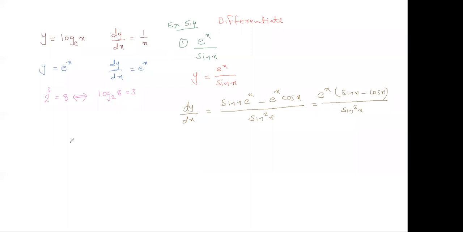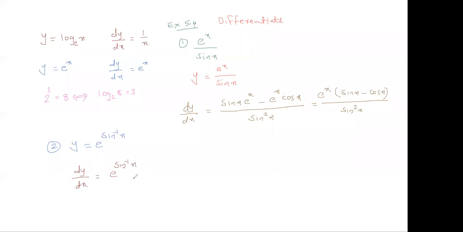Then another question. y is equal to e to the power sin inverse x. We have to find dy by dx. First of all, this is of the form e to the power x, so we have to apply the chain rule. The derivative of e to the power x is e to the power x itself, so it is e to the power sin inverse x.